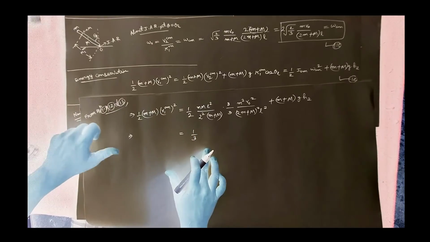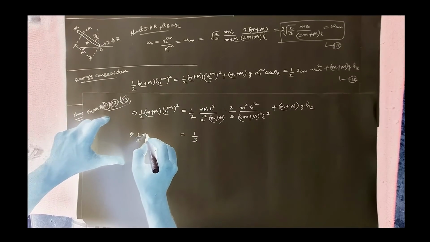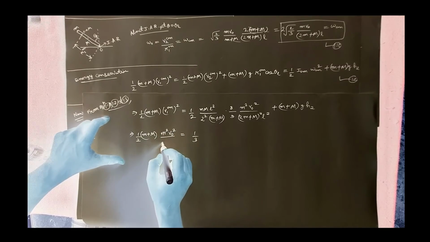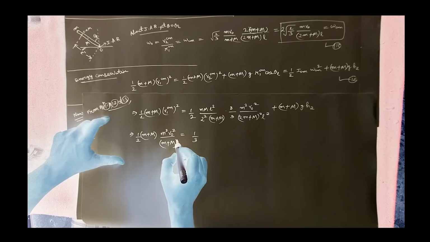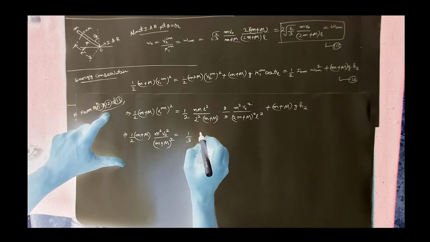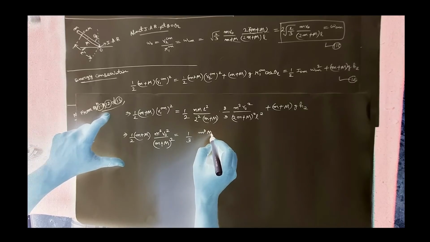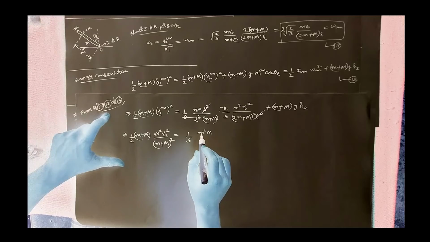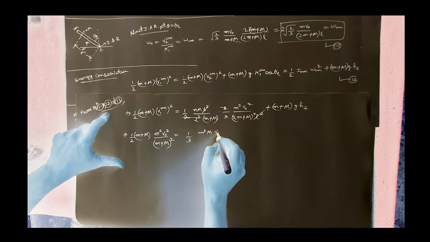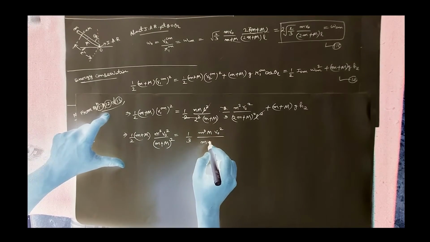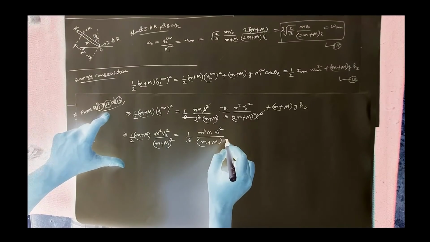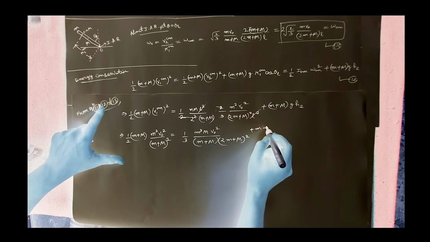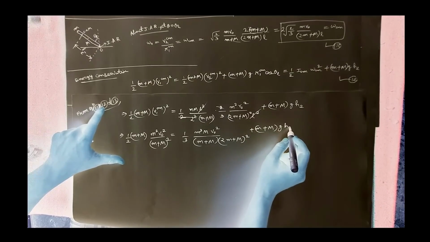Now putting the value of V1 cm also, that we know: half (small m plus capital M), V1 cm will be m square V naught square by (small m plus capital M) whole square, 1 by 3 m cube capital M L square, and L square got cut, this 8 and 8 got cut, m cube capital M cube V naught square divided by (m plus capital M)(2 small m plus capital M) whole square, plus (small m plus capital M) g H2.